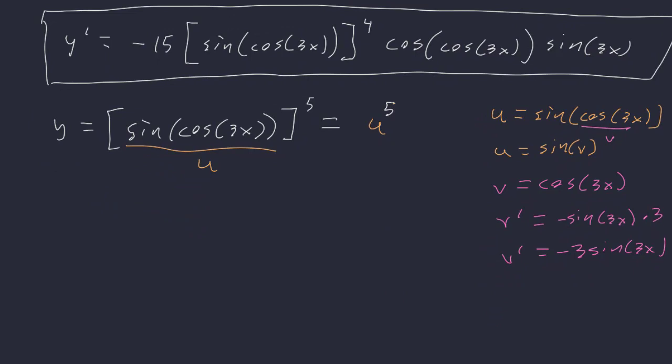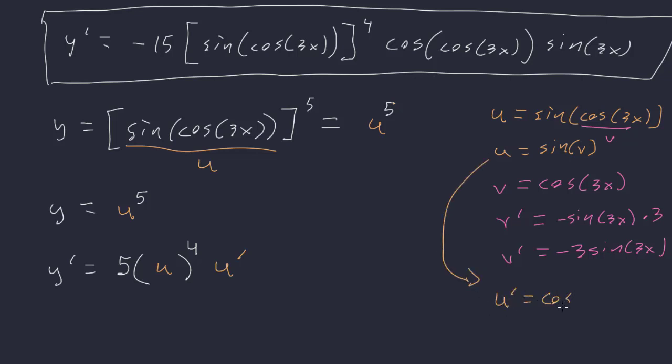Okay, so y is u to the 5th. So y prime is going to be 5, u left alone, okay, to the 4th, okay, times u prime. Okay, well, u is sine of v, so u prime is going to be cosine of v times v prime.